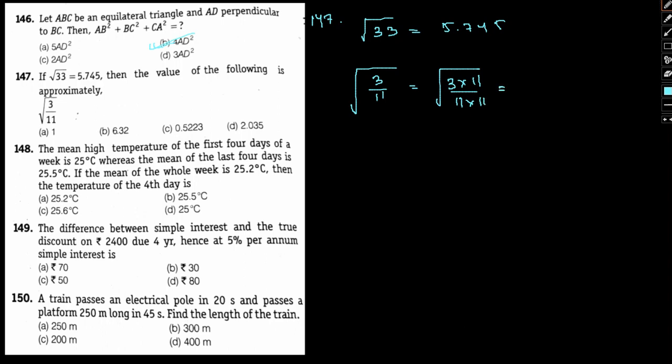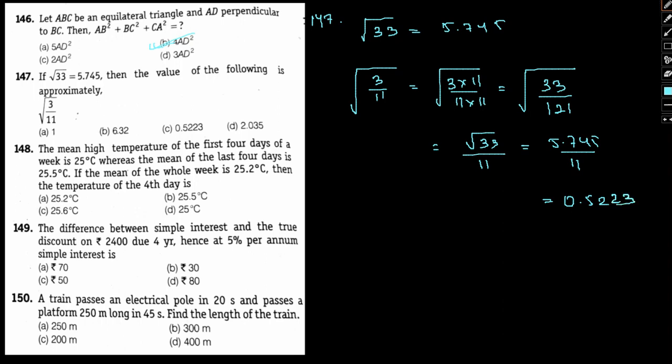So this will be root under 33 by 121, or simply root 33 by 11, that is 5.745 by 11, or something like 0.5223. Option B is the answer.